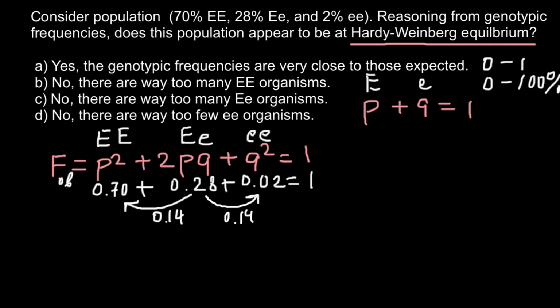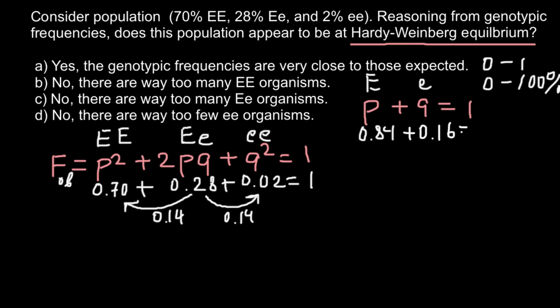0.14, and now we know the frequency of the dominant allele, that is E, and this equals 0.84, and the frequency of the recessive allele e would equal 0.16.